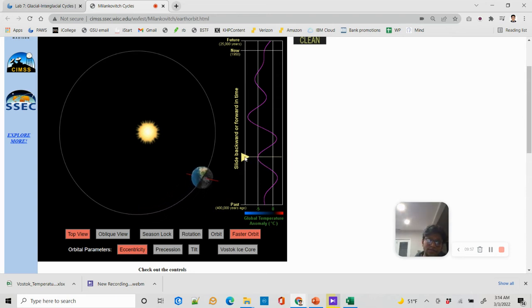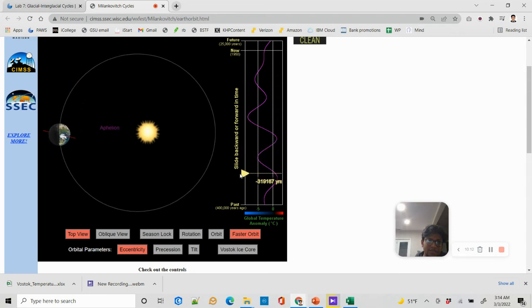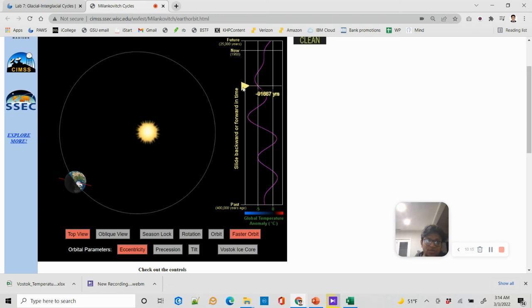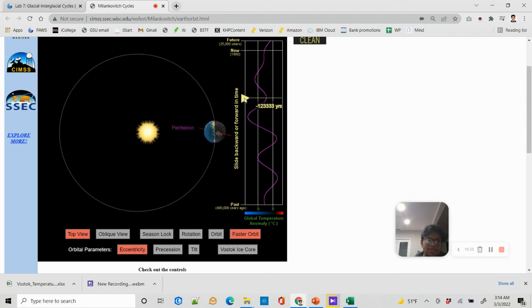you can, if you move this really fast and look in here, you can see the orbit is changing its shape. So the orbit is not the same, you see, it's shrinking and going upward. If you go to the highest eccentricity, that means the orbit is shrunk somewhat. Actually, it's not really shrinking, it's the orientation of the orbit.